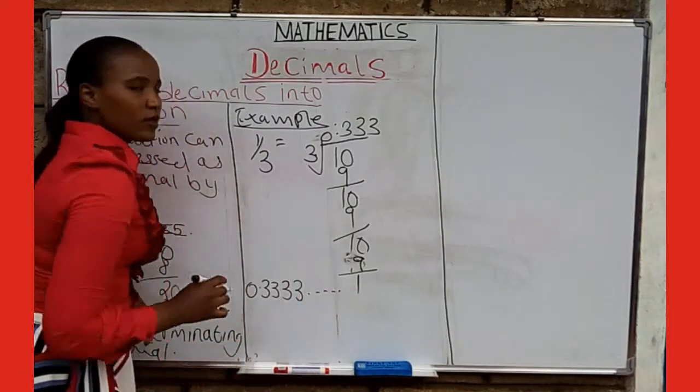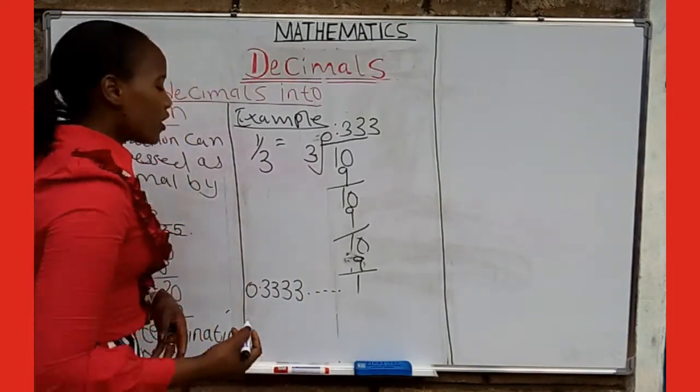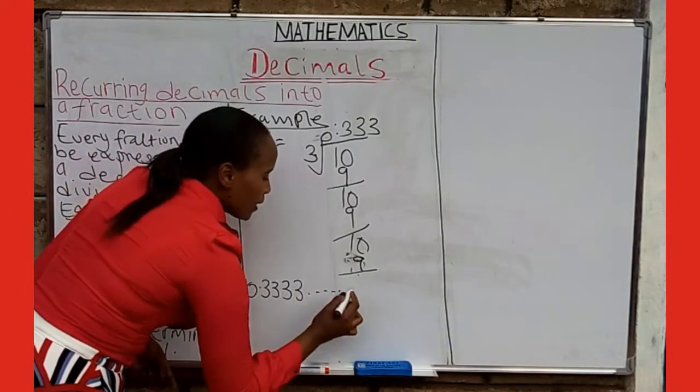So it means that this process is not going to terminate, and therefore this kind of decimal, 0.3333 and so on, where the process repeats itself, is what we call recurring.